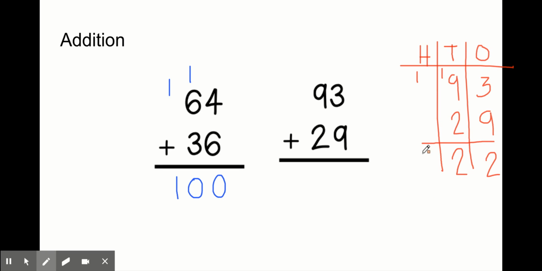Now there's nothing in the hundreds column, so I come down here and make it 122. If you want to model, if you want to do a hundreds, tens, ones chart, or if your brain just works the vertical way, all of those are great strategies. Use the strategy that works best for you.